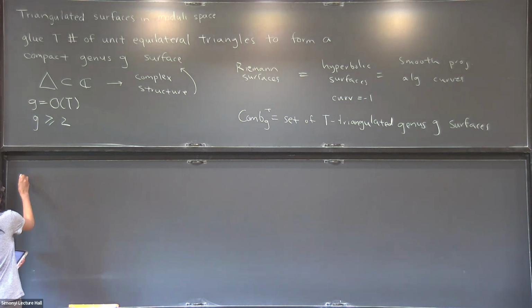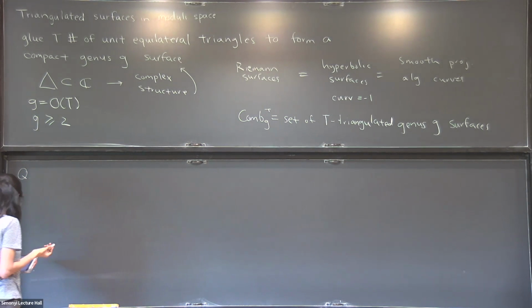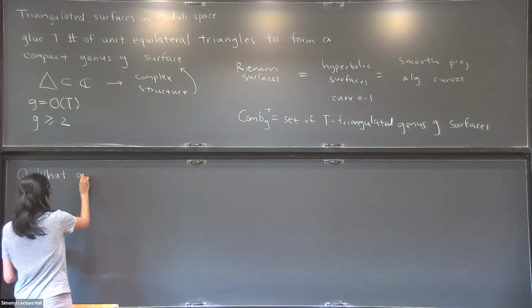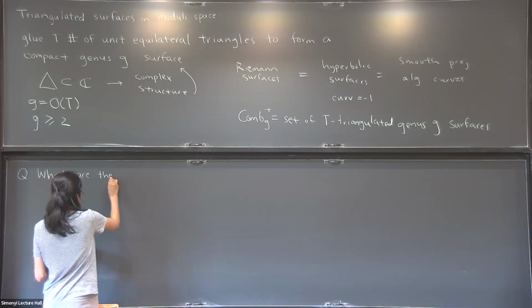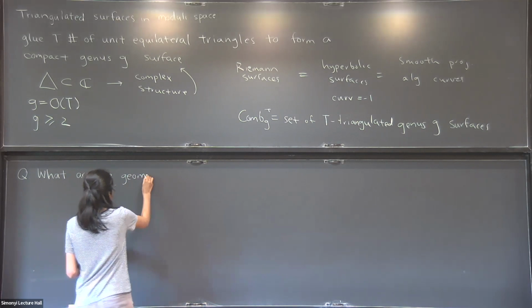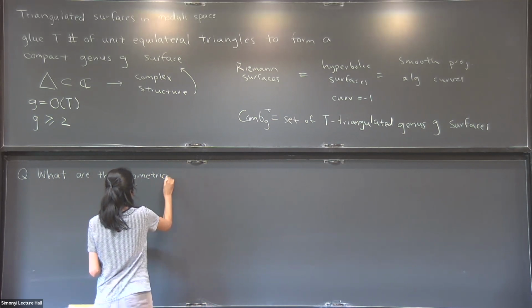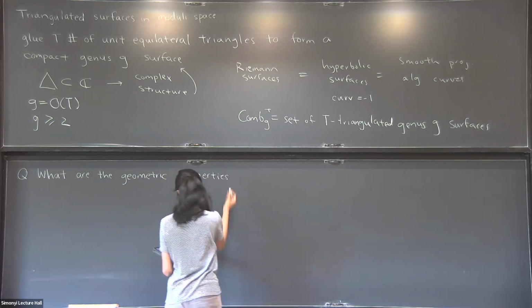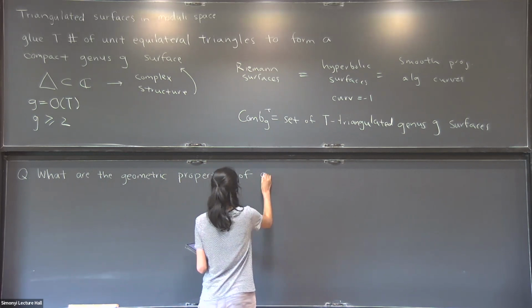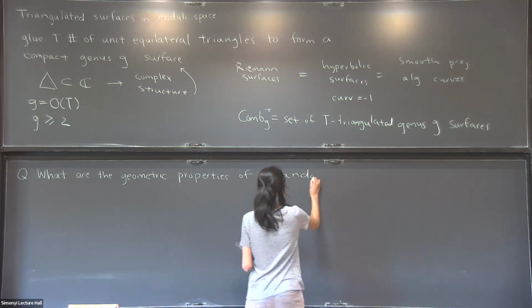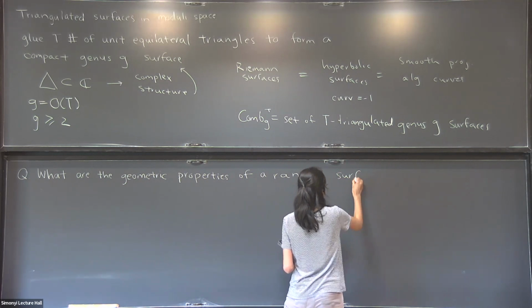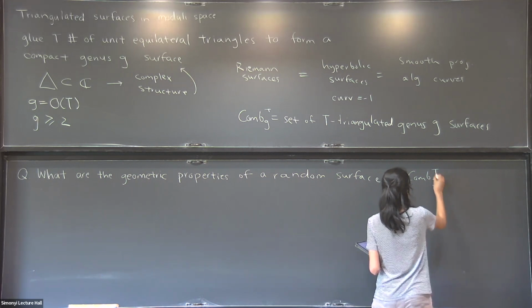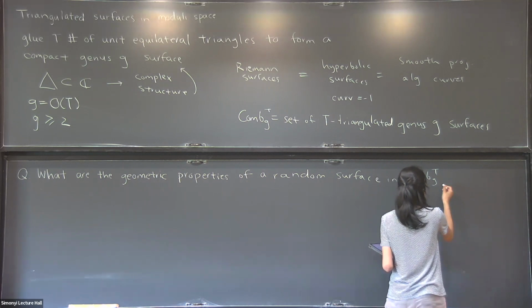In particular, they asked the following question: what are the geometric properties of a random surface in comp GT?